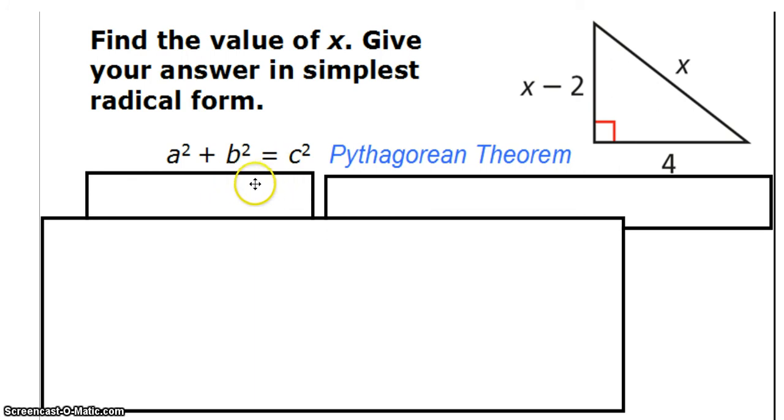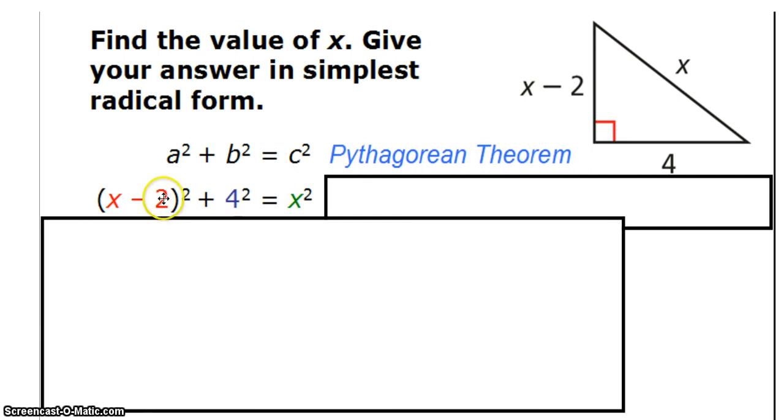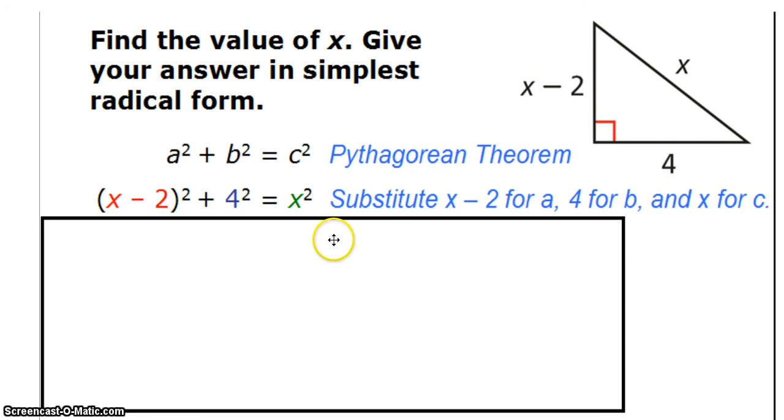So now when we substitute, we have a binomial for one of the legs, right? x minus 2. So we will square x minus 2 plus 4 squared equals x squared. That's just our substitution, right? So can you square that binomial? Remember how? If you don't remember, multiply x minus 2 times another x minus 2.